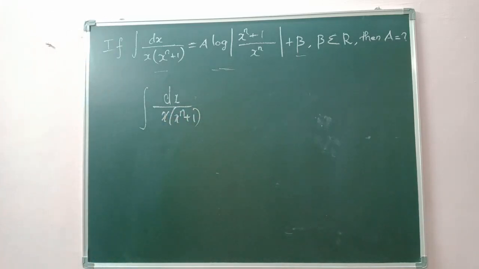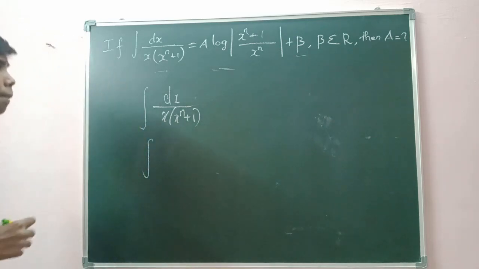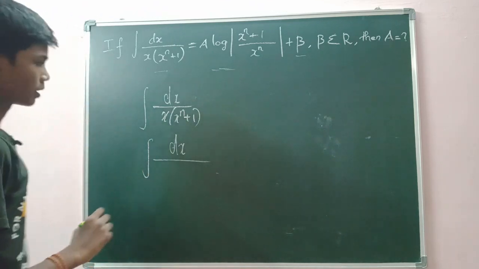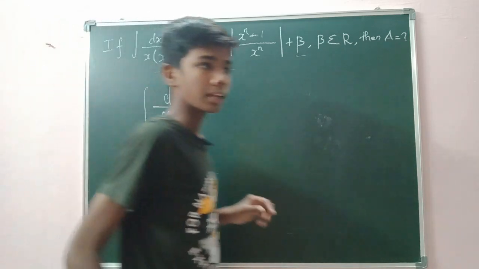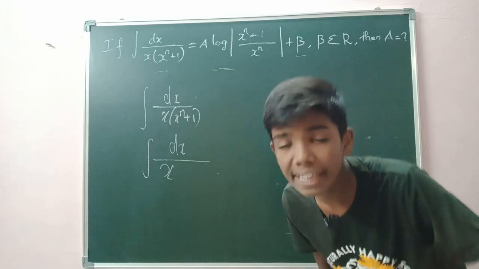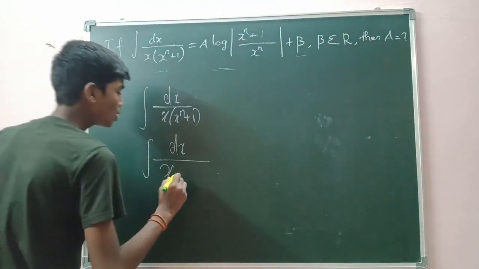So now, just listen to me very carefully. In the denominator, I am having x times x to the power n plus 1. In this expression inside the bracket, I'm going to take the exponent common.